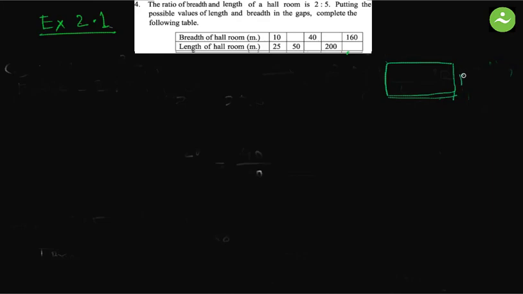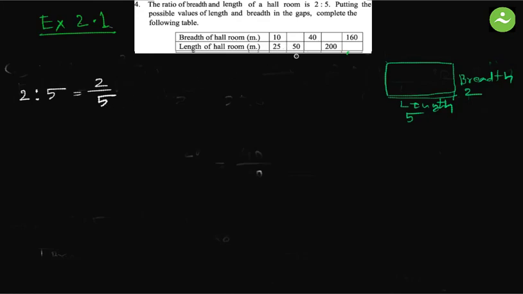And this is breadth, and this is length. And when breadth is 2, the length is 5. So the given ratio is 2:5. 2:5 means 2 by 5. When 2 is 10, the 5 is 25.